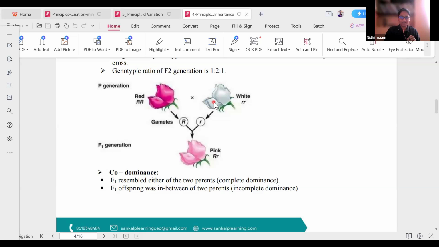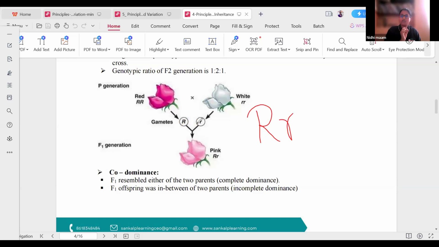Law of dominance. So when we consider two parents, one parent has all the flowers as red, another parent has all the flowers as white. So during gamete formation, we will get all the gametes with red allele, and all the gametes with white allele. When they fuse, we will get genotype capital letter R, small letter r.